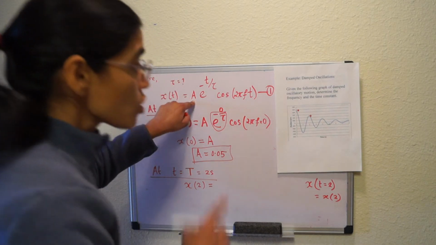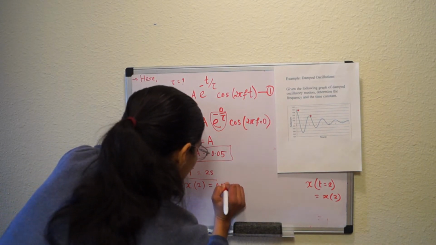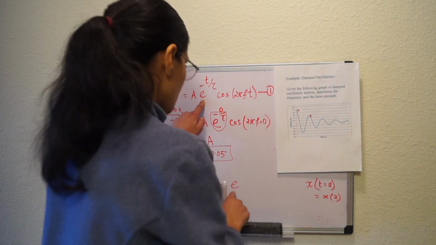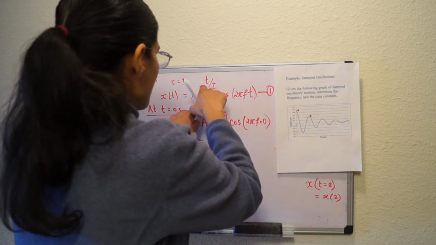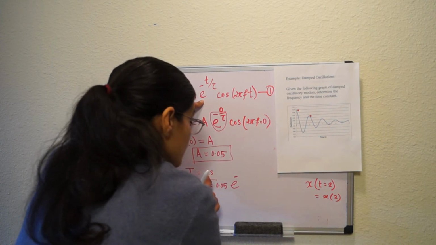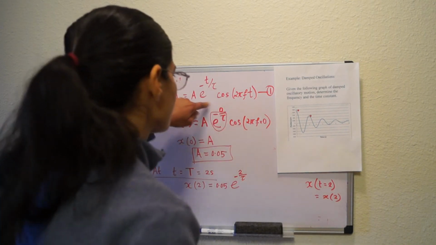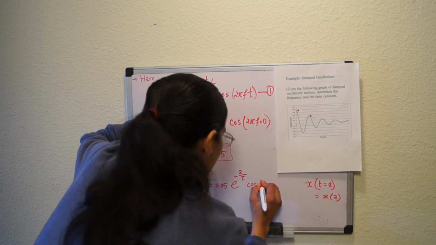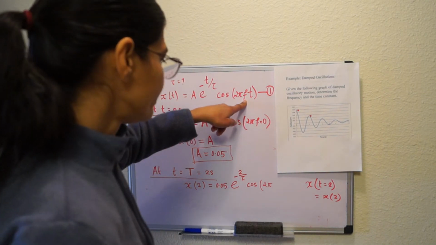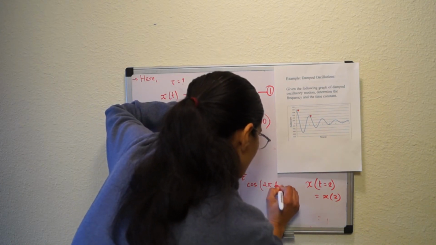So x2 equals A. Now A is constant for the given system, so I'm going to write down the value 0.05. E is exponential here, and minus is the same. In place of t, I have now capital T, the period, which has a value of 2 seconds, divided by tau. Tau is our unknown, we need to find. Then cos 2 pi f, and our frequency is half, that's what we found.